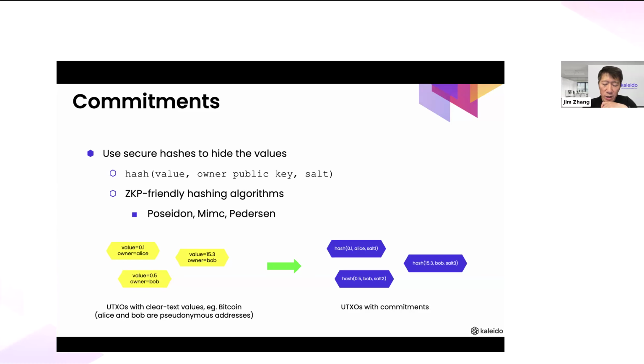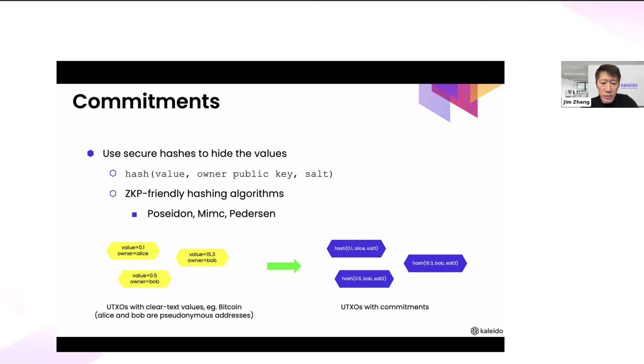So now with this, we have accomplished hiding the value on-chain, so that even if someone contributes a node into the Ethereum network, they can download the full ledger, but when they look at the on-chain state, all they see is a bunch of hashes. It's worth mentioning that the most well-known hashes have been SHA-256 and SHA-3 with Keccak. That's not what we're talking about here. We're using a different class of hashes that are used inside zero-knowledge proofs.